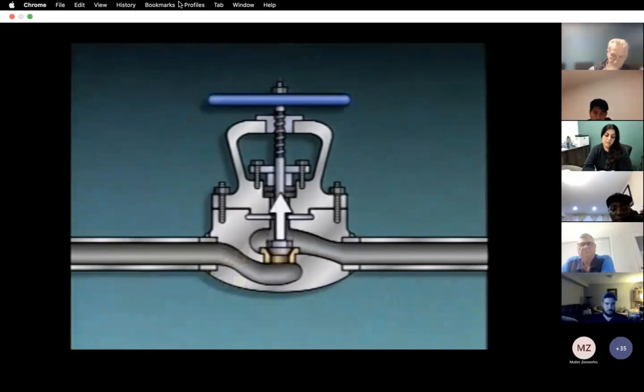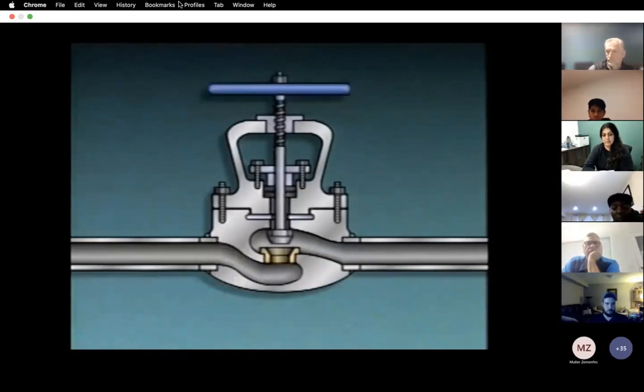The disc is attached to the stem, which in turn is attached to the hand wheel. As the hand wheel is turned, the stem moves. This repositions the disc with regard to the seat and changes the flow through the valve. The valve bonnet seals the top of the valve body. The stem extends through the bonnet and into a space called a stuffing box.